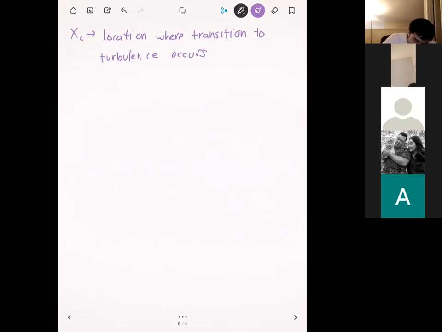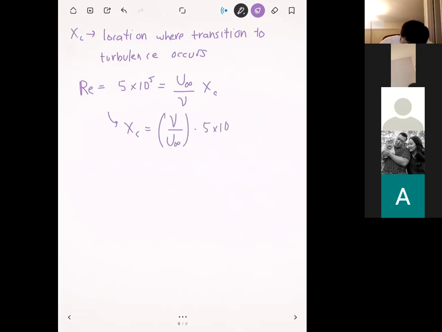And so we can basically take the Reynolds number equal to 5 times 10 to the 5th, which is equal to the velocity multiplied by xc divided by the viscosity, right? And so basically we can just work with this expression and solve for xc. And what we get is xc is equal to nu over U infinity times 5 times 10 to the 5th.